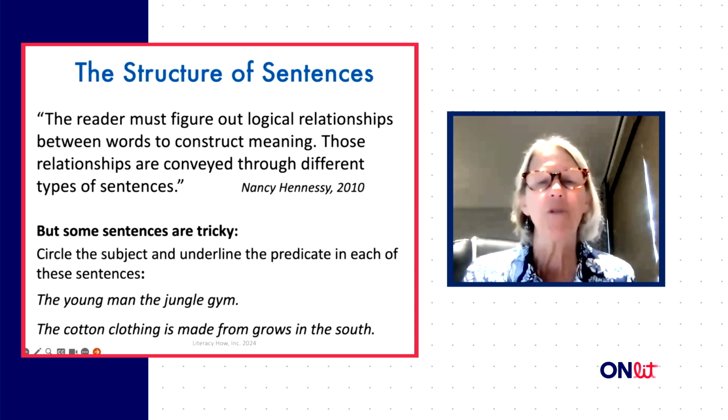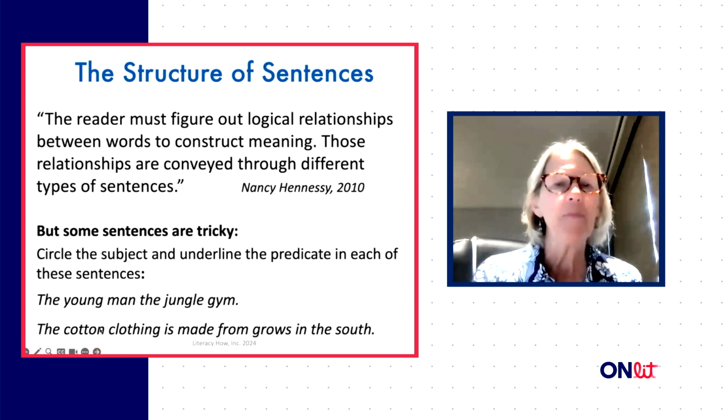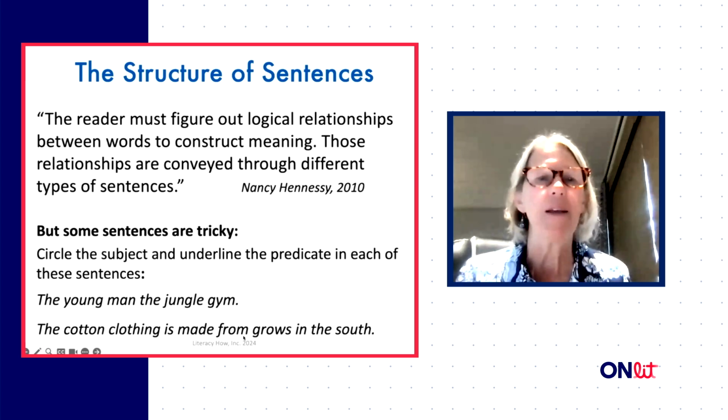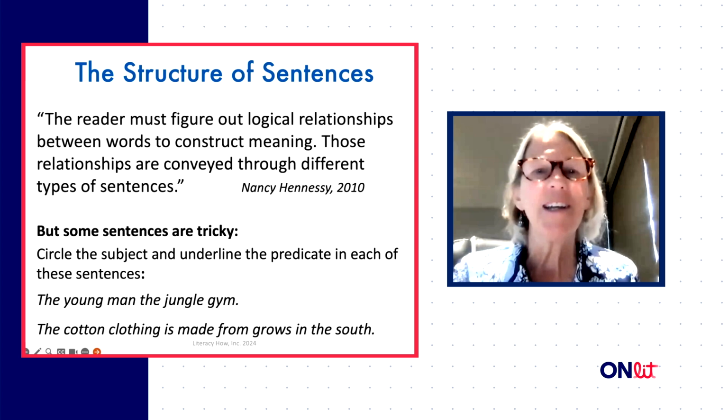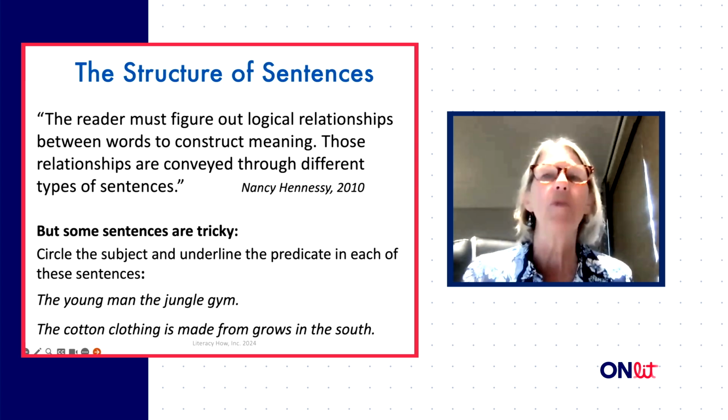So cotton grows. Now, if I had put a comma here and another comma here, you wouldn't have had a problem with that. But sometimes punctuation is missing from sentences. And so we have to be really alert and thinking about what would make our sentences and our text hard for kids.